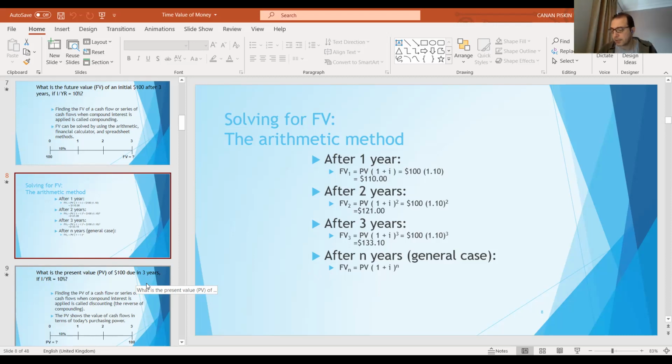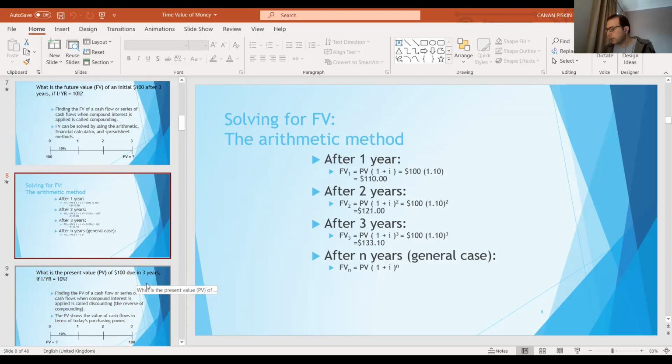Of course, we don't have a series of cash flows. We have only one single cash flow, right? Basically, it means that in our example, future value is equal to present value times 1 plus interest rate times 1 plus interest rate times 1 plus interest rate.